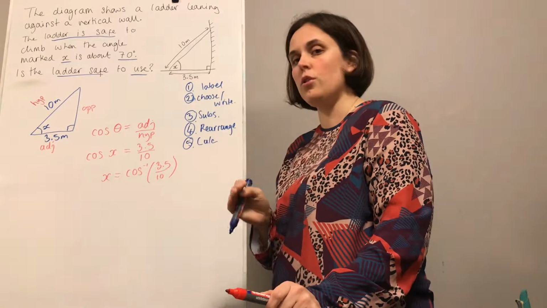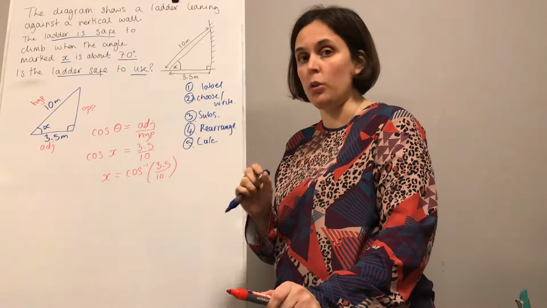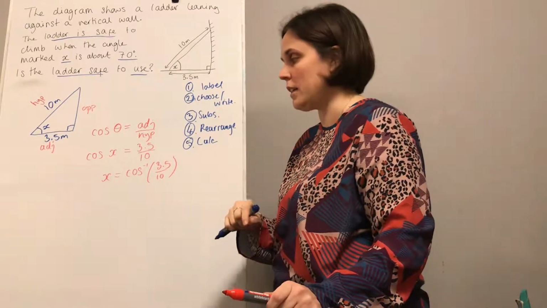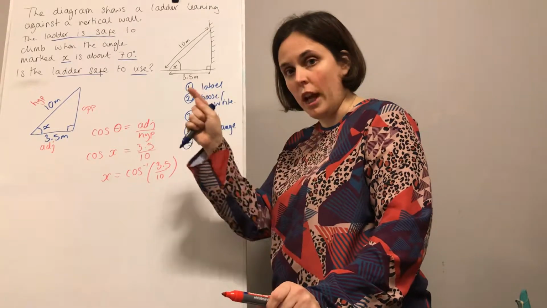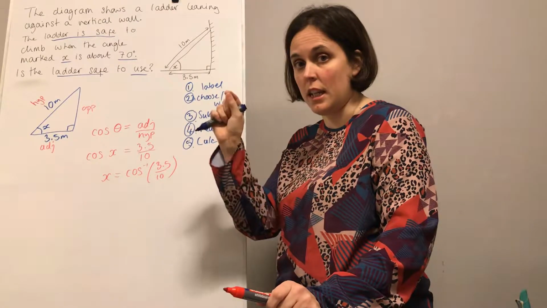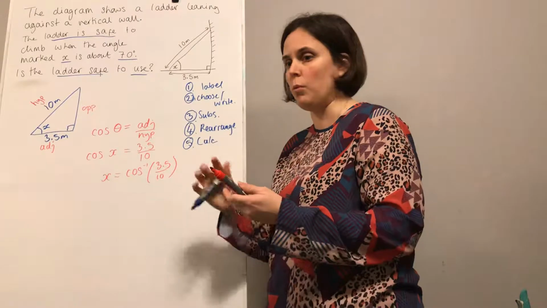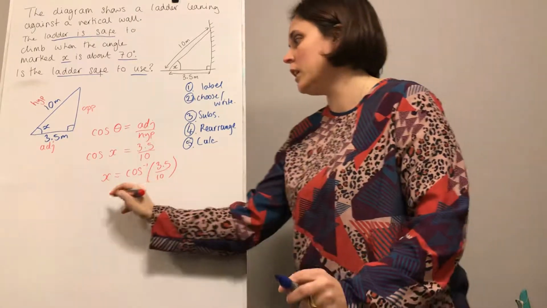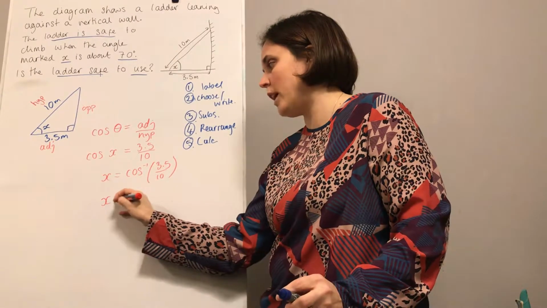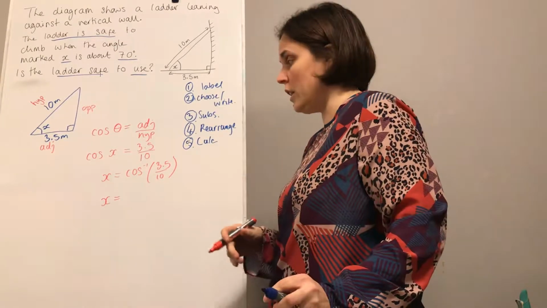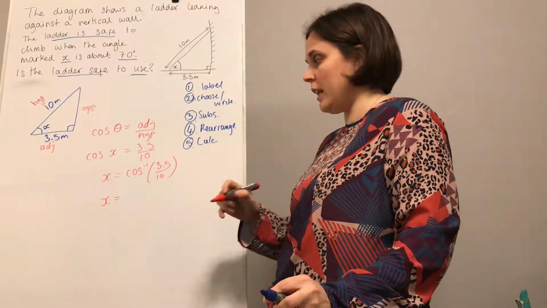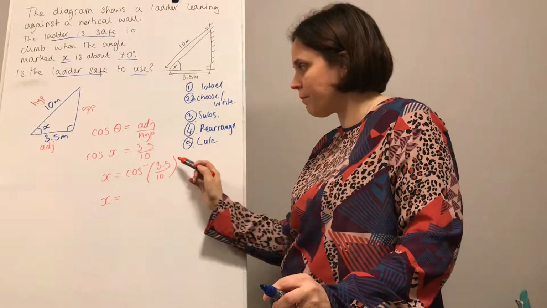You must make sure your calculator is in the right mode, otherwise you will lose marks in the exam. So you need to check that your calculator display has a D or a DEG at the top to stand for degrees, because that's what we're using to measure our angle. If you're not sure how to change it, check your instruction manual that came with your calculator, or ask one of your teachers.